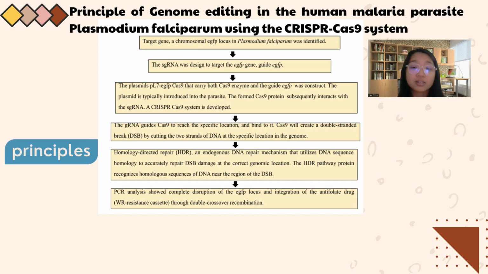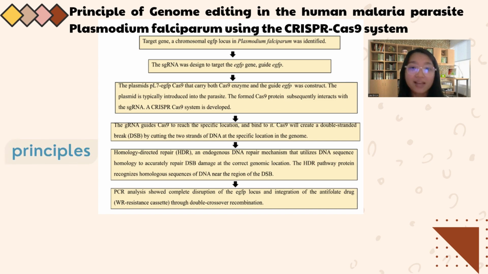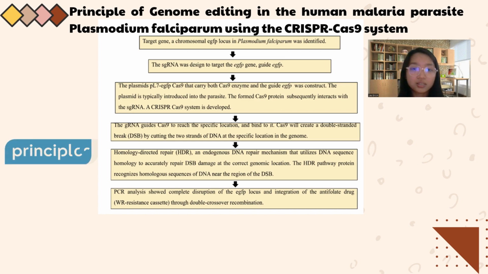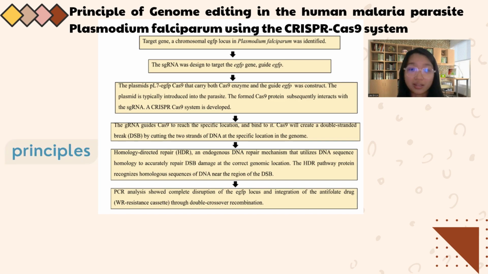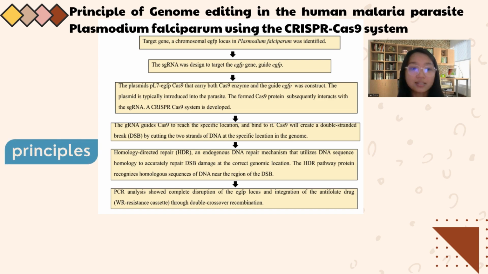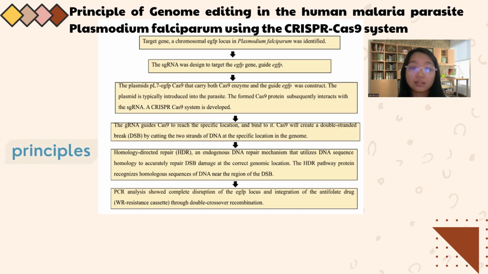Once the DSB is formed, we need to repair the damaged region through a homology-directed repair mechanism, also known as the HDR mechanism. In this mechanism, it will utilize DNA sequence homology to accurately repair the DSB damage at the correct genomic location.